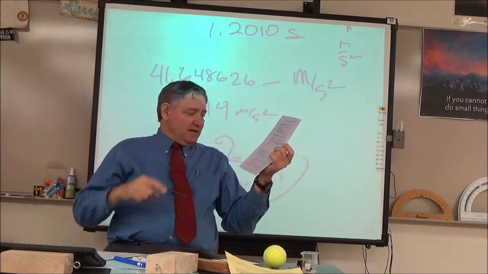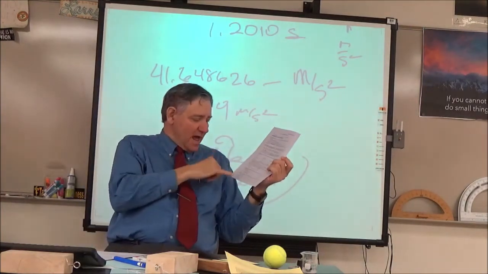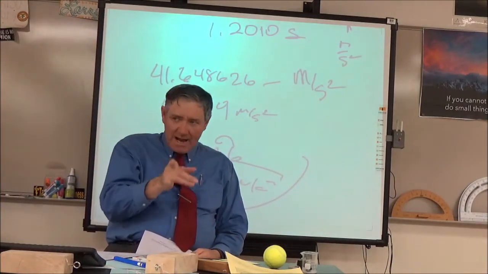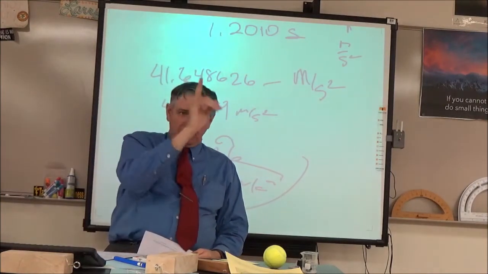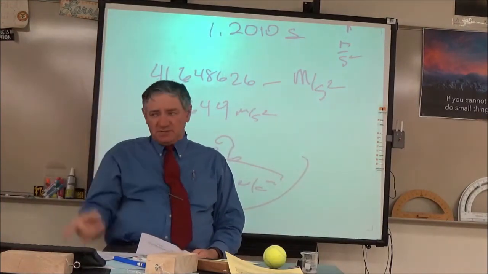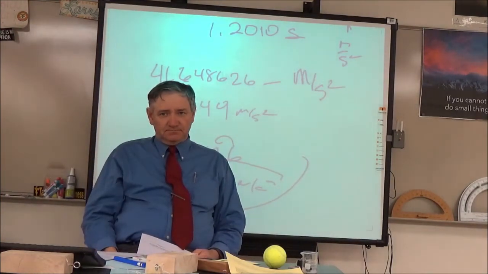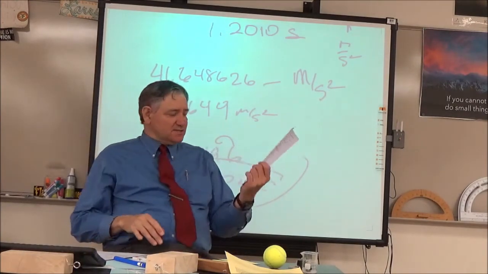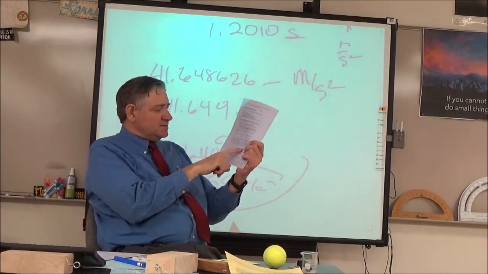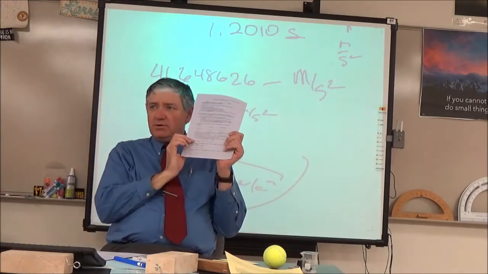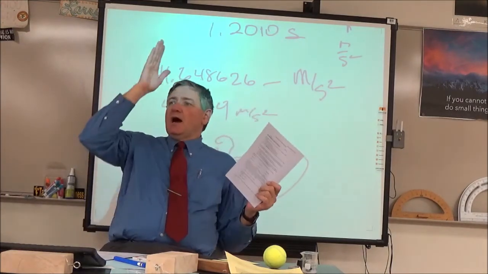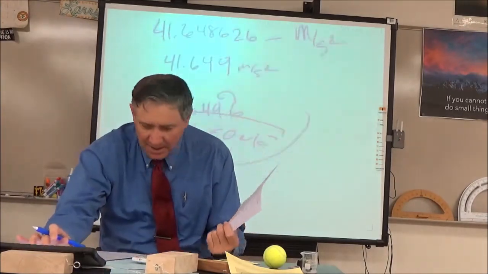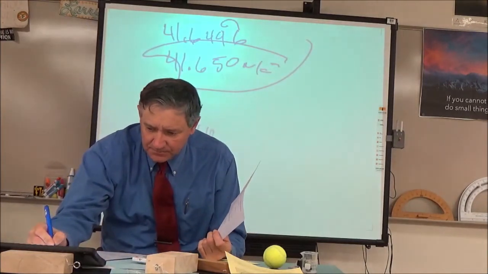When you get to 10 and 11, you're either adding or subtracting. When you add or subtract, do you worry about place value or the number of significant digits? Place value, not the number of significant digits. So when you get to 10A, I would find the least precise measurement, which in this case is going to be that 10.02.